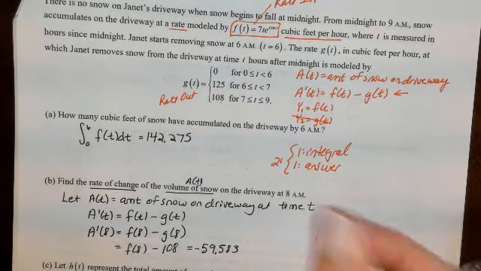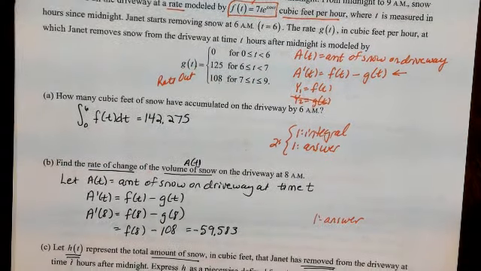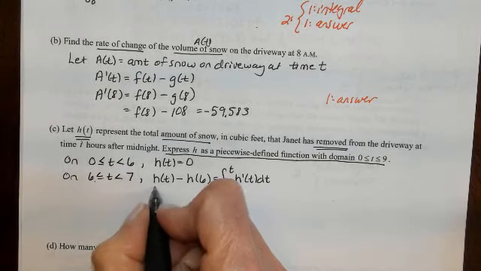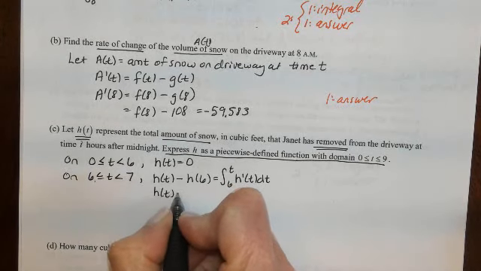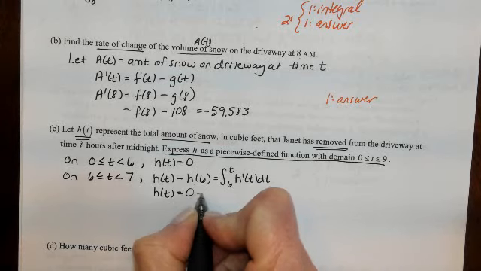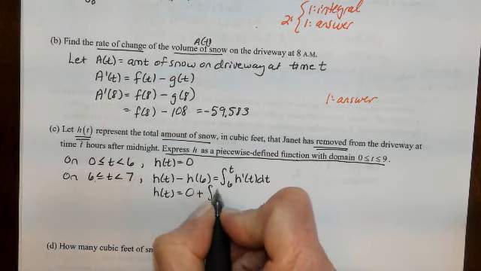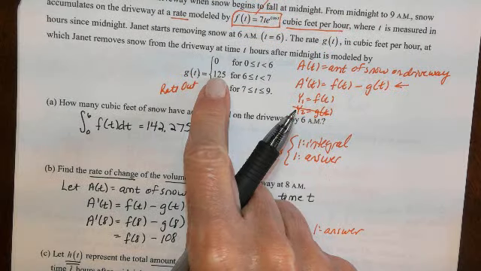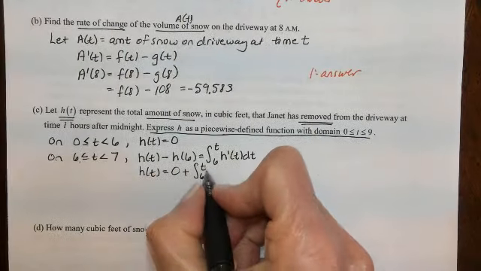And then right at 6 we start working, but there's not going to be anything removed right at that instant. Yes? So h of t is going to equal 0, plus the integral from 6 to t of my g of t at that time interval, so 125.